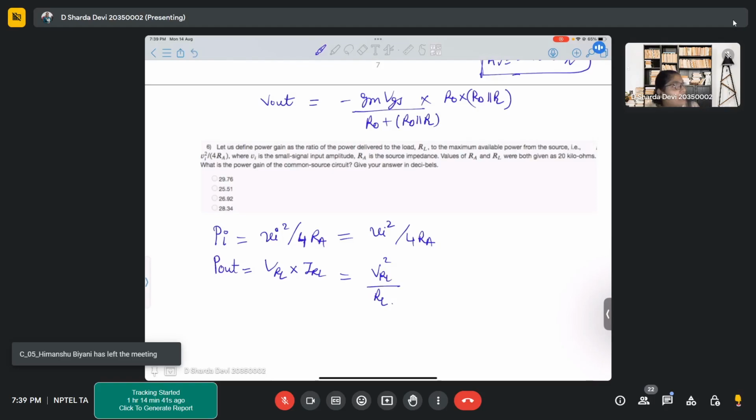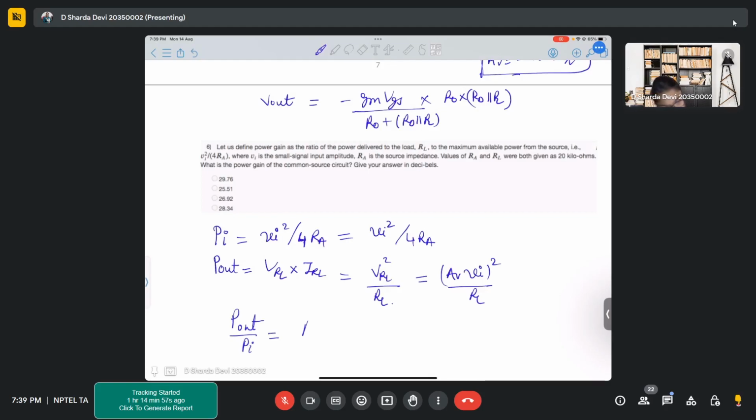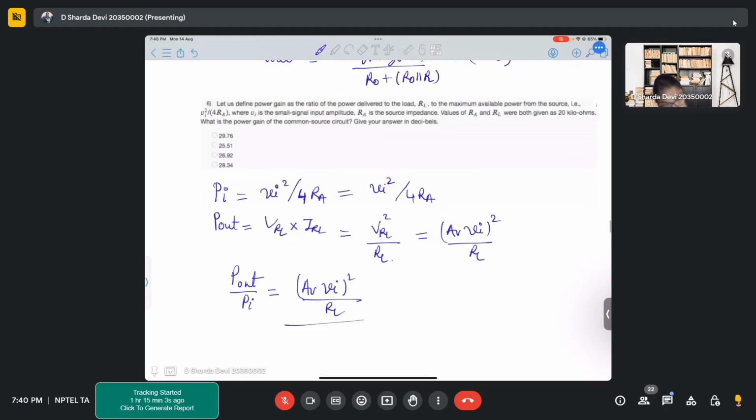Now VRL square, we know that VRL is AV into Vi whole square by RL, right? So P out by Pi is (AV Vi) whole square by RL, divided by Vi square by 4 Ra.